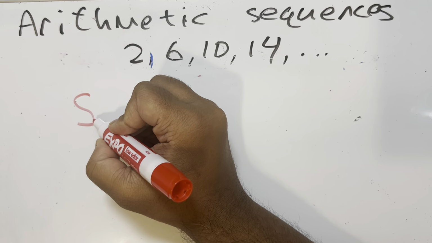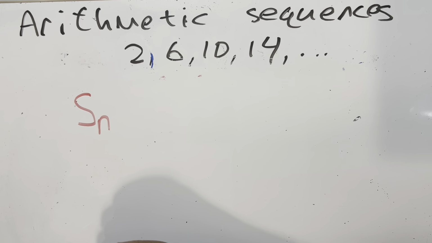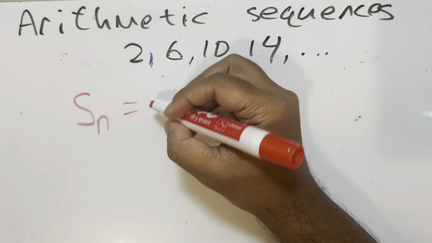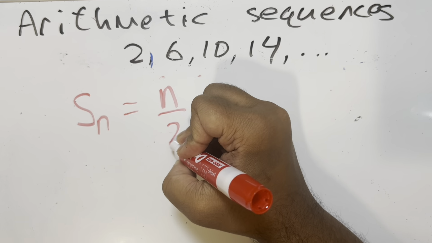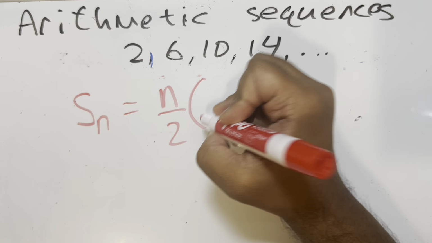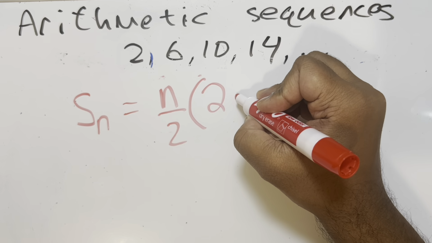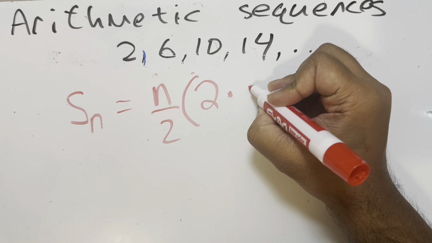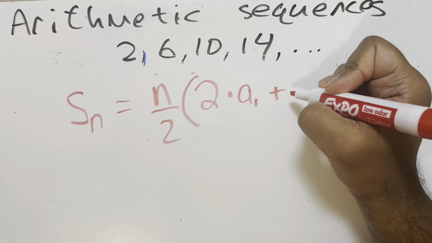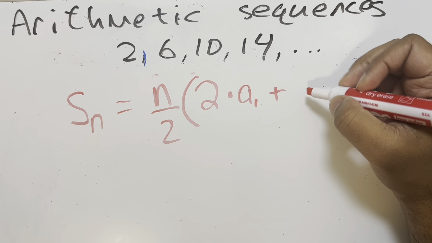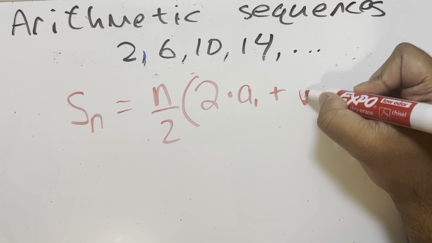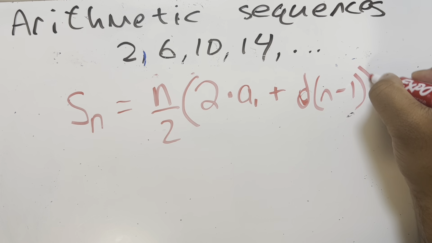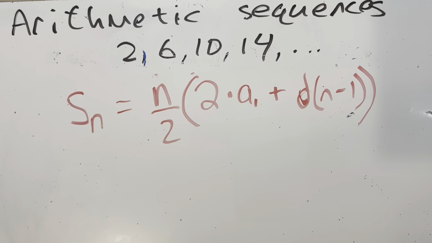So the sum of a certain number of terms n, say the 6 terms, is equal to n divided by 2 times my first term, which over here would be a1, plus my difference of n minus 1.